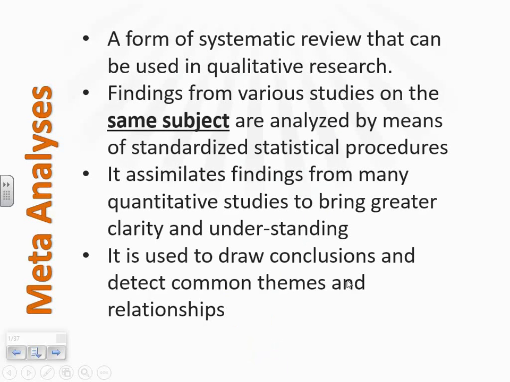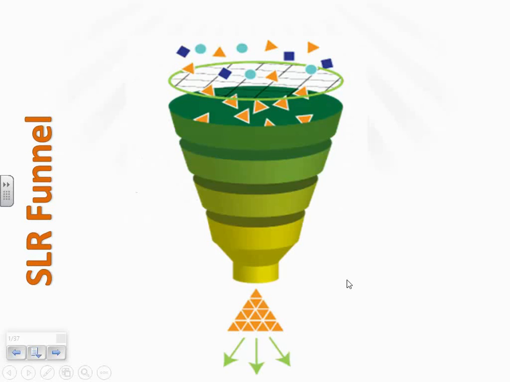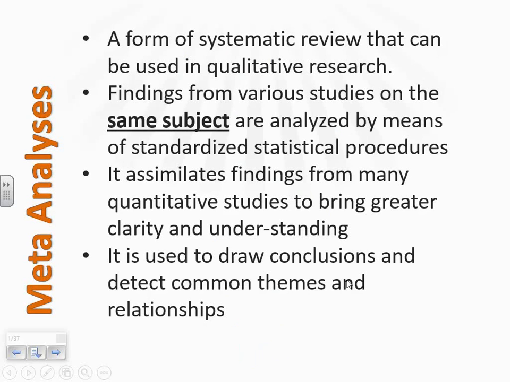I just want to quickly go back one step. We spoke about meta-analysis in the previous slide, you remember? What is meta-analysis? It's a form of a systematic review that can be used in research specifically.